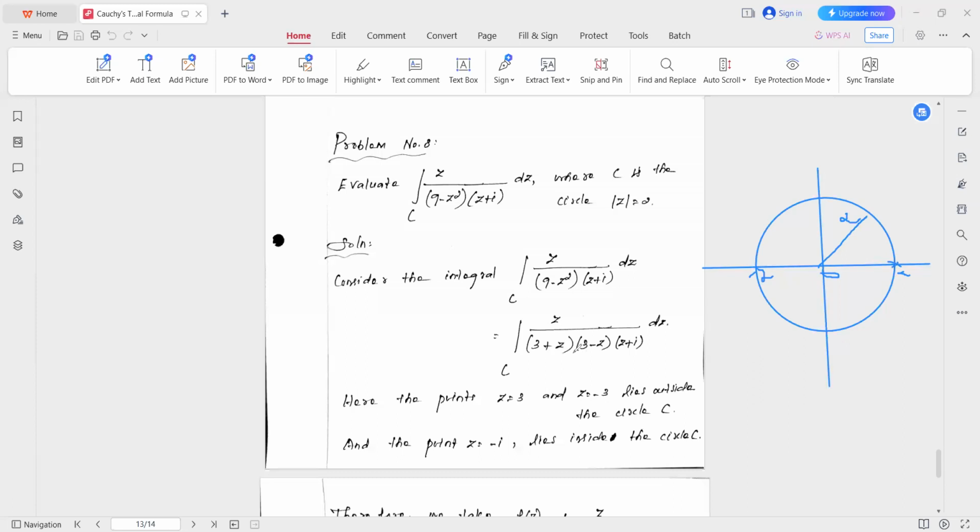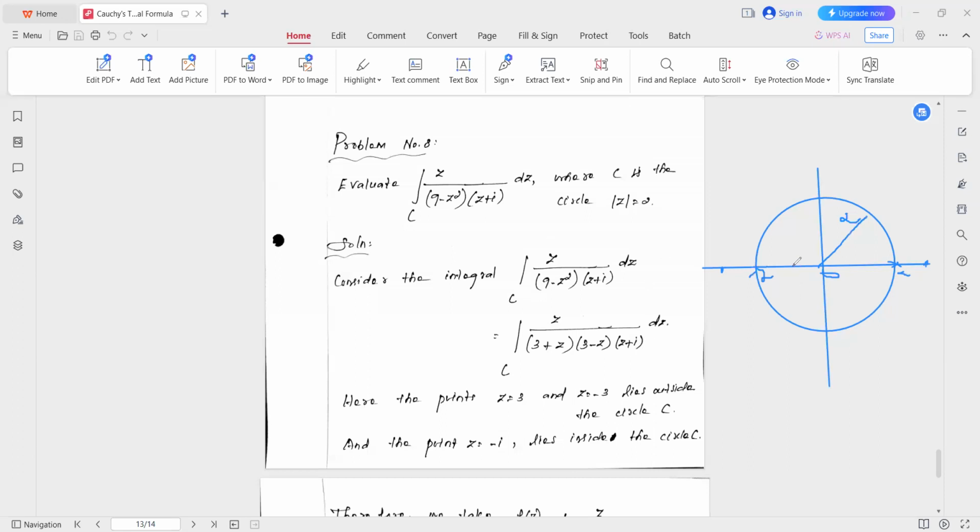What are the points where the function fails to be analytic? 3, minus 3 and minus i. So where does 3 lie? Outside the circle. 3 lies somewhere here and minus 3 lies here. So 3 and minus 3 lie outside the circle.